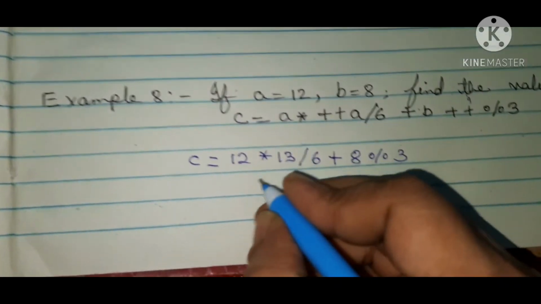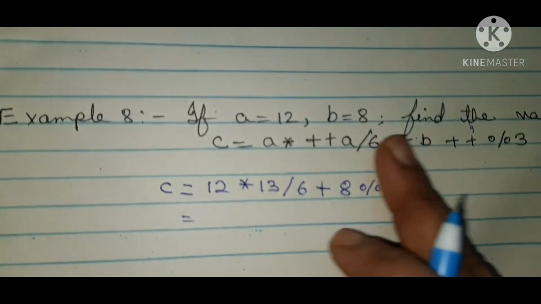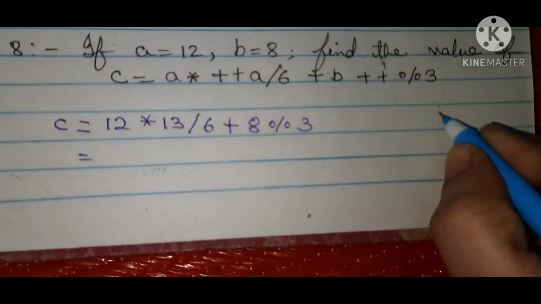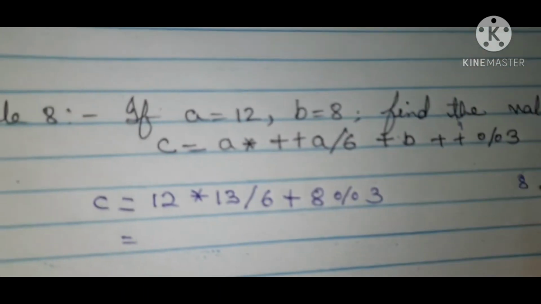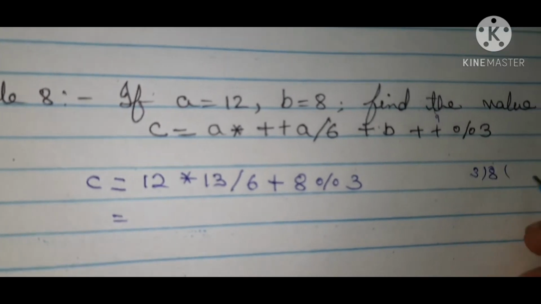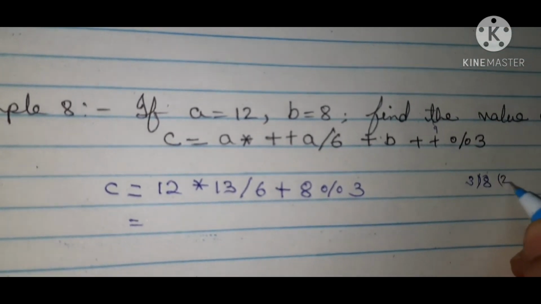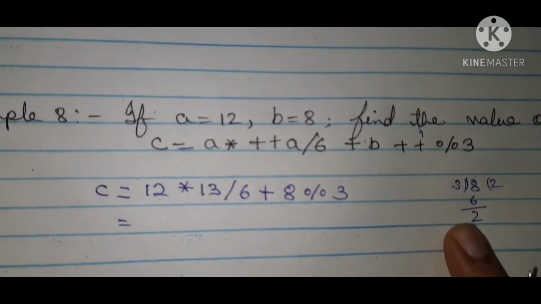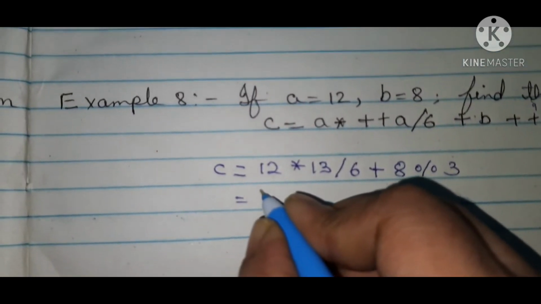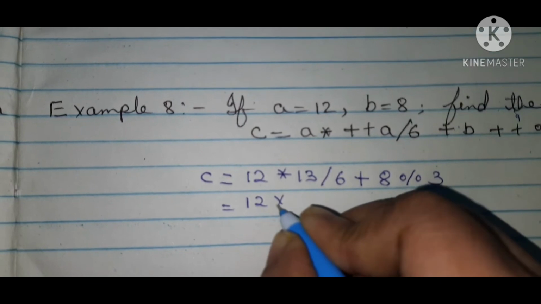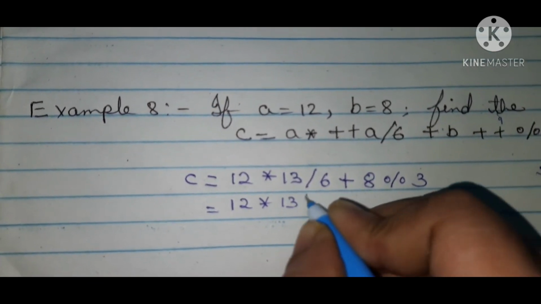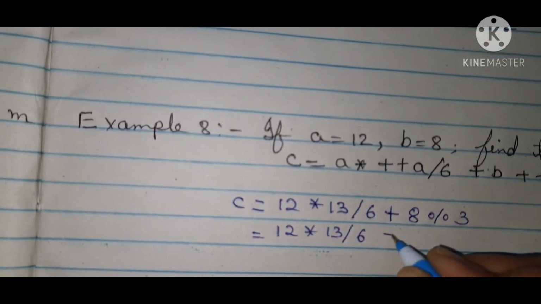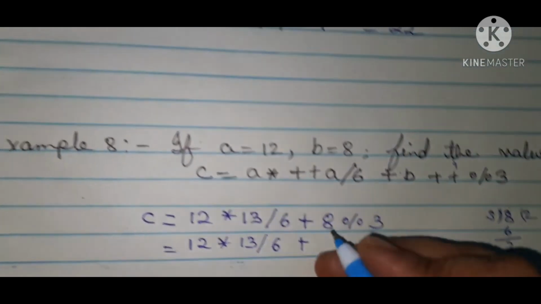So in this case, first of all we have to solve the modulus. So modulus means the remainder. So if we divide 8 by 3, my remainder is 2. So we'll write here first 12 into 13 by 6 plus 2.